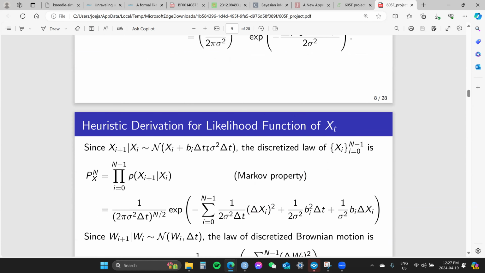Delta x_i is b_i delta t plus sigma delta W_i. And then when you square it, we're only keeping sigma squared delta W_i squared. That's the argument.